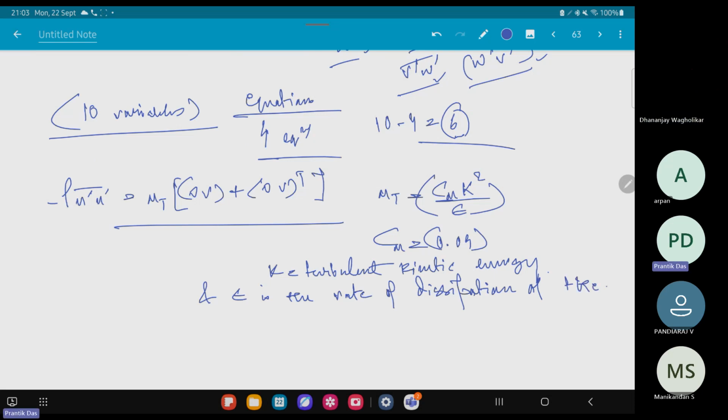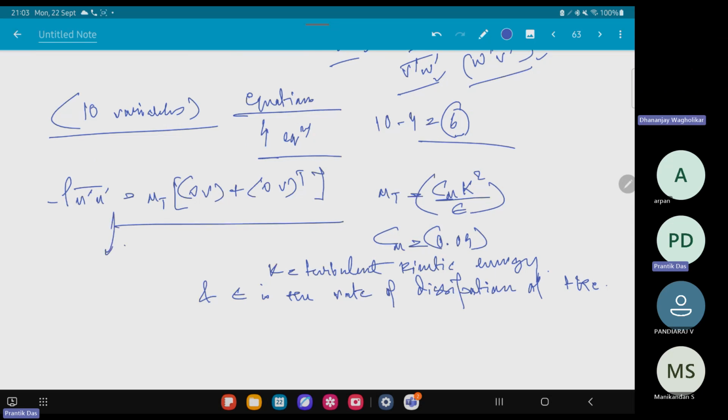Okay. So what we are going to do is express this Reynolds stress as a function of the velocity gradient. So this is called the Boussinesq approximation. But this mu t you are going to find by using the k omega model or k epsilon model, or for the RSM model you are going to directly solve the transport equation for each Reynolds stress present here.